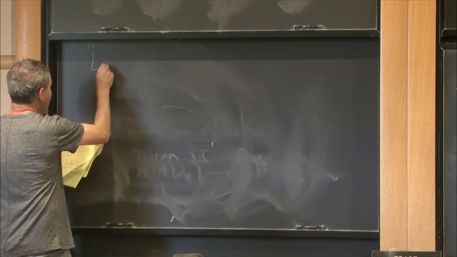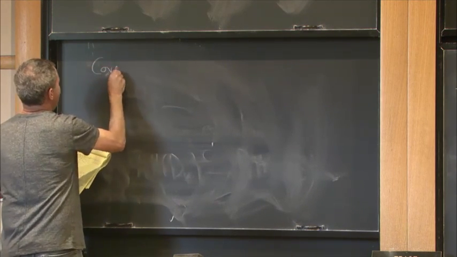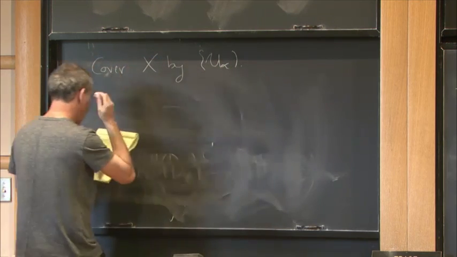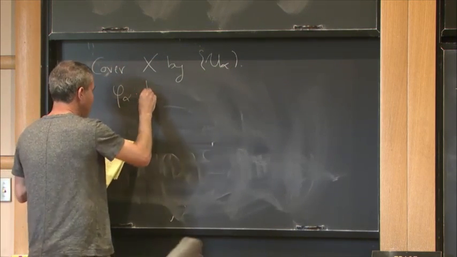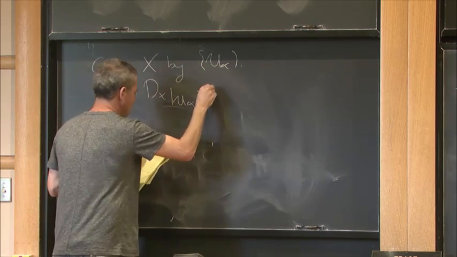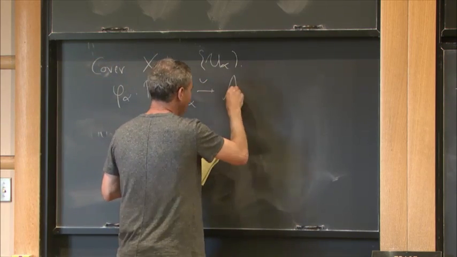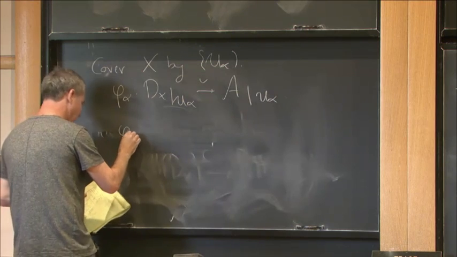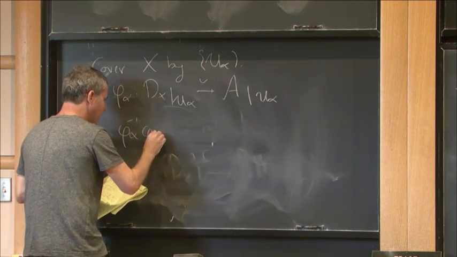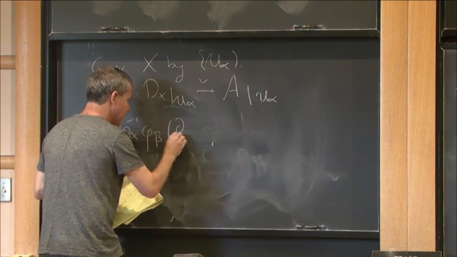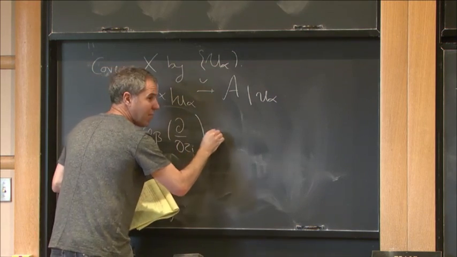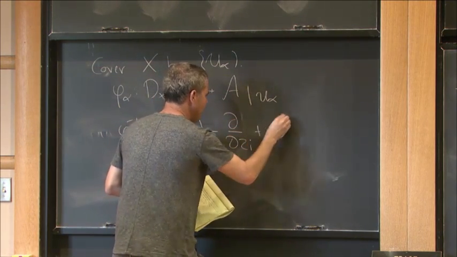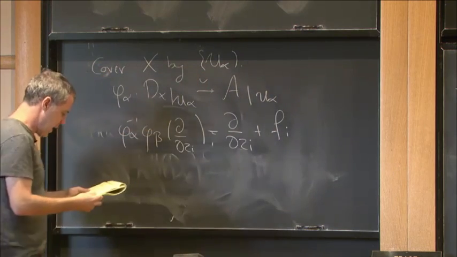Locally, we cover X by some U_alpha. Then you have some phi_alpha from D_X restricted to U_alpha, the isomorphism to A restricted to U_alpha. And then phi_alpha inverse of phi_beta of partial with respect to z_i, by that exact sequence, has to be partial with respect to z_i plus some f_i.